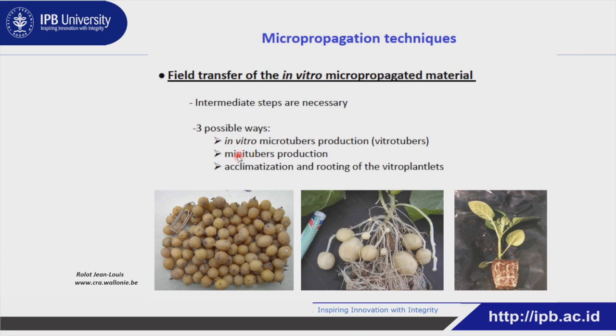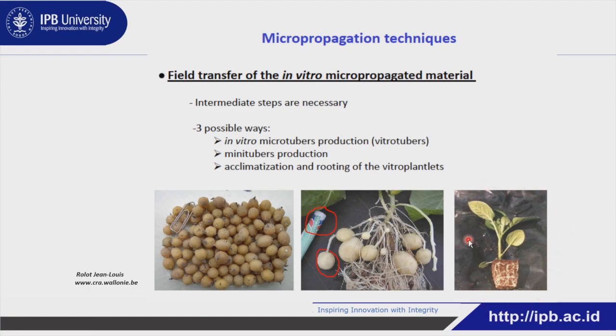So this is not very big. This is the control. This is a pen, and this size is only like this. And besides that, we can also use the cutting itself to be transferred to the field.